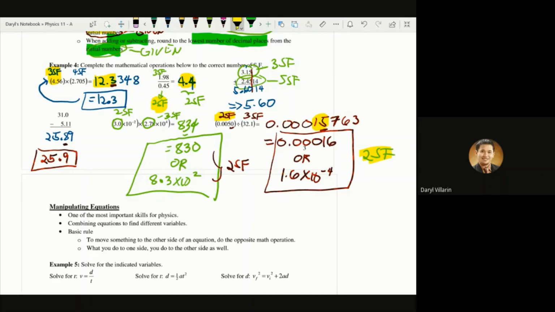You're gonna base it on these rules here. It's either addition or subtraction or multiplication or division. You try to follow this rule because the numbers that we're dealing with in physics are quantities, and these quantities represent something, a measurement of a particular quantity. Okay, so try to remember that.